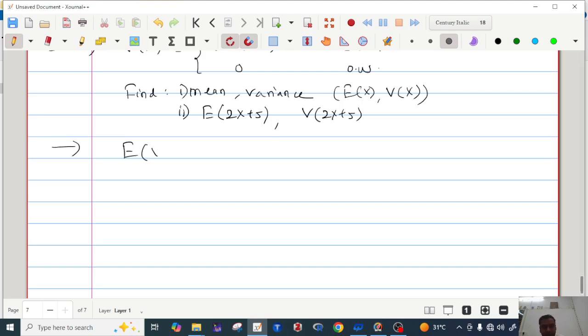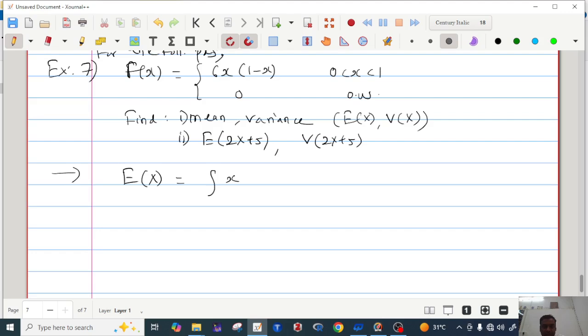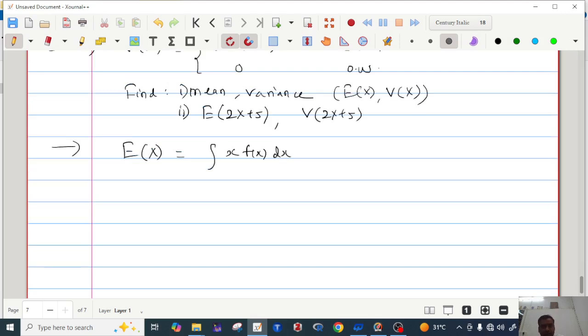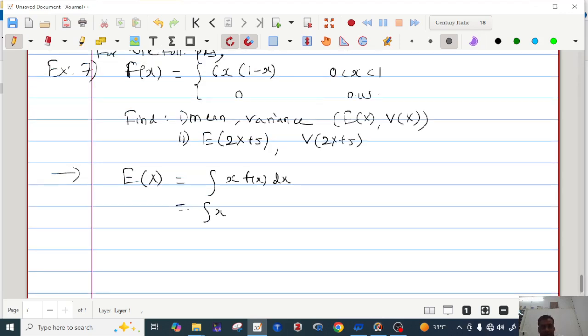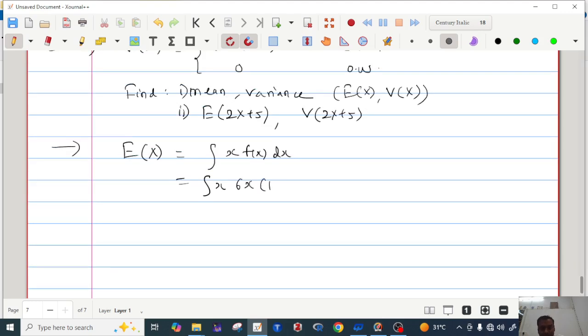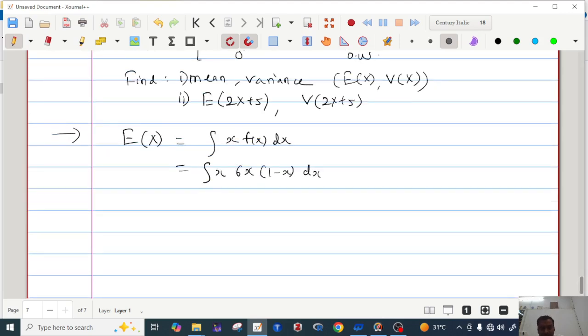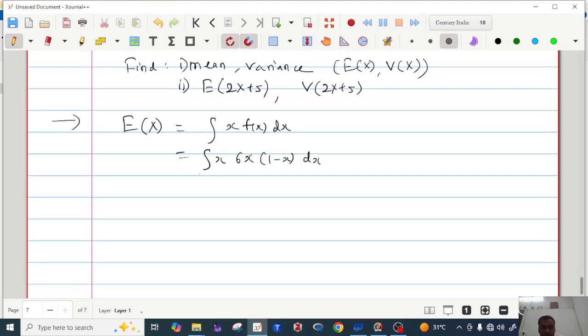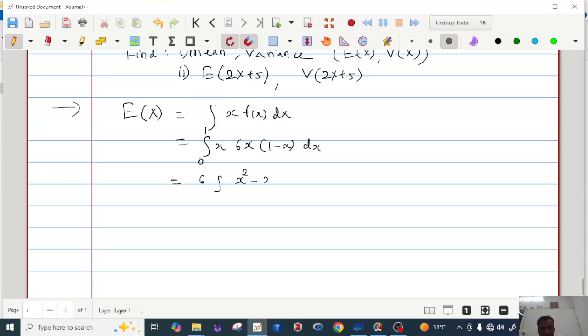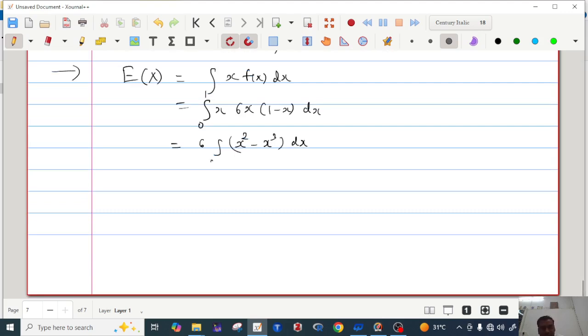So for E of x, use the definition: integration of x f(x). This equals the integration of x times 6x(1 minus x) dx, with x from 0 to 1. Solve this: take 6 outside and multiply the x inside, giving x square minus x cube, from 0 to 1.